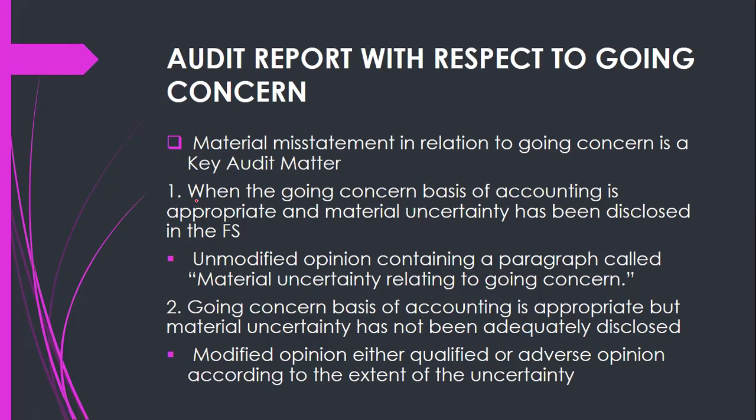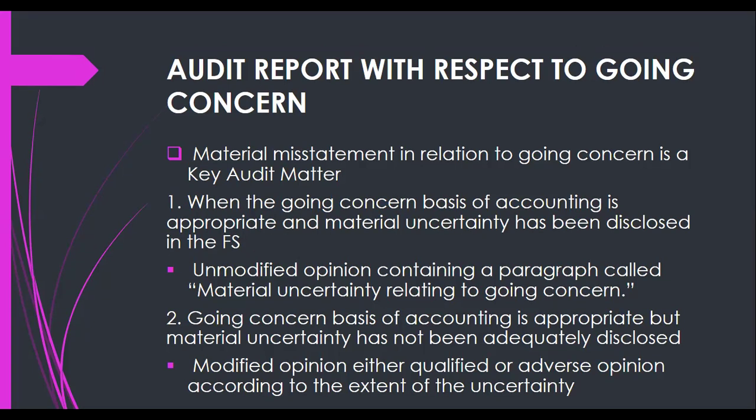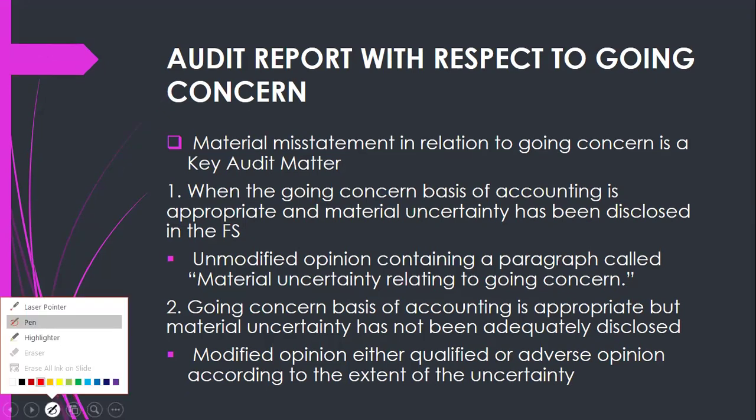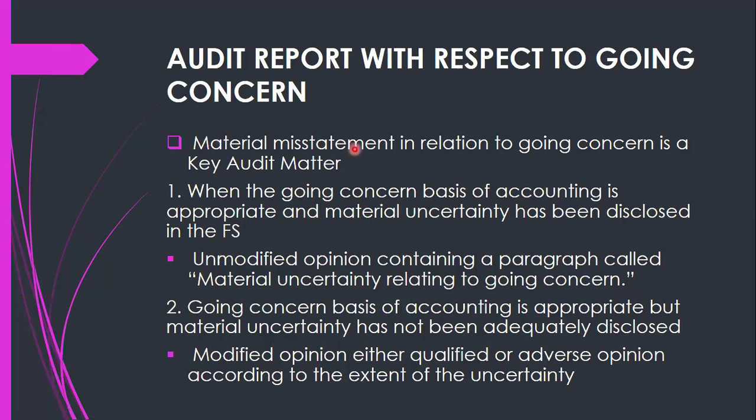Okay, so let me carry on. So how do we report going concern? When the going concern basis of accounting is appropriate and material uncertainty has been disclosed in the financial statements, the auditor needs to express a modified opinion.